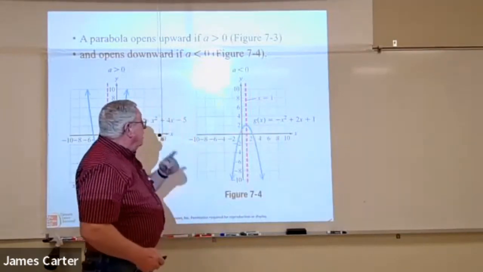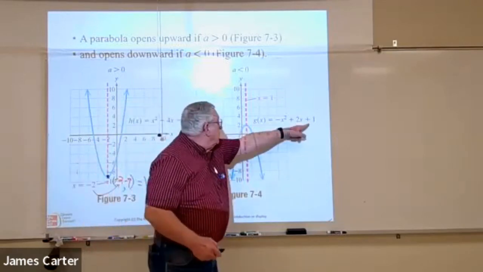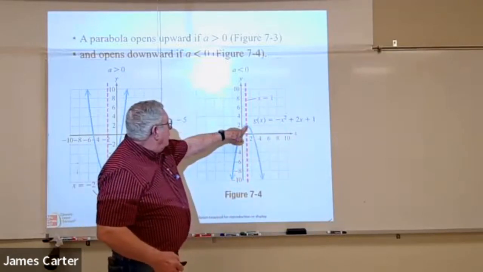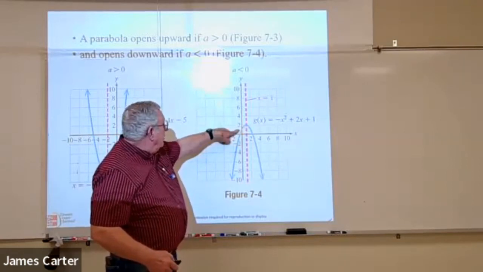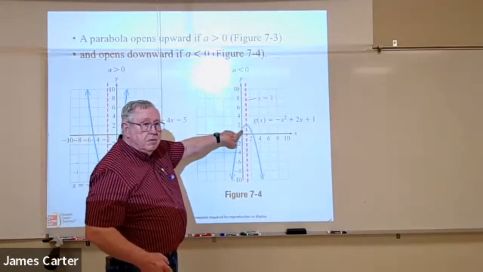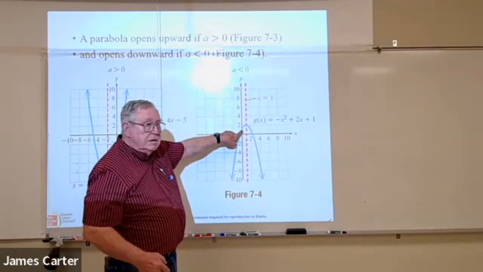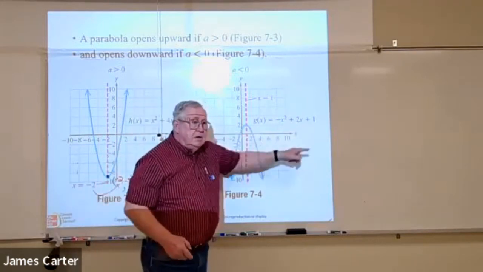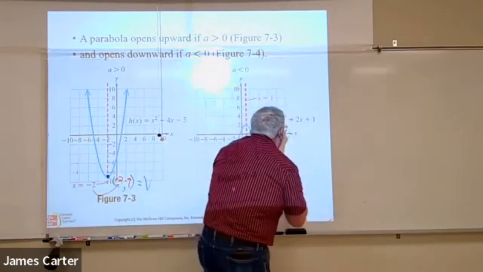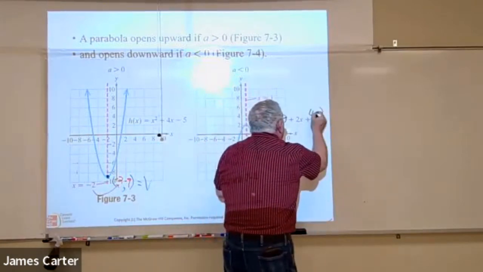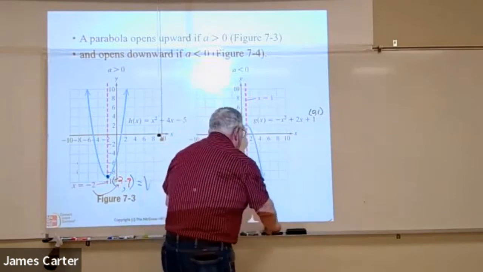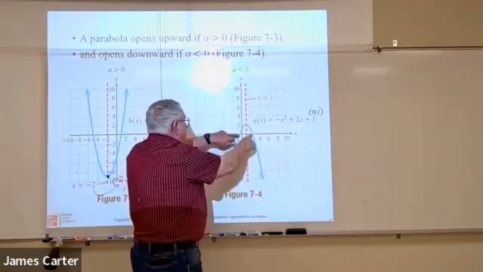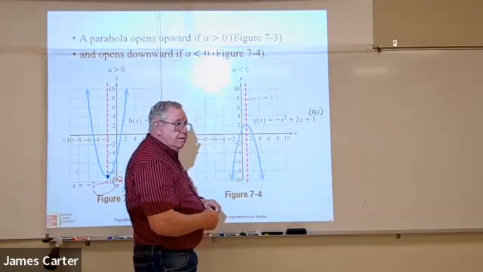Okay? Now, y-intercept. Y is 1. Right here. The point 0, 1 is the y-intercept. This gives me that. Now, I can factor this thing and I'll get these 2 points.